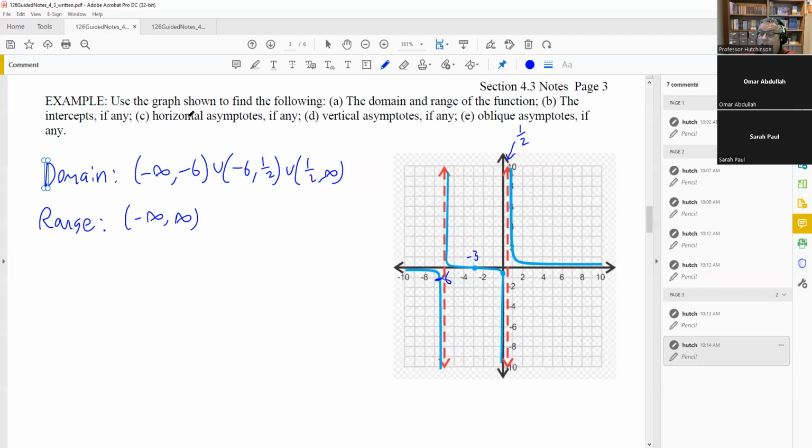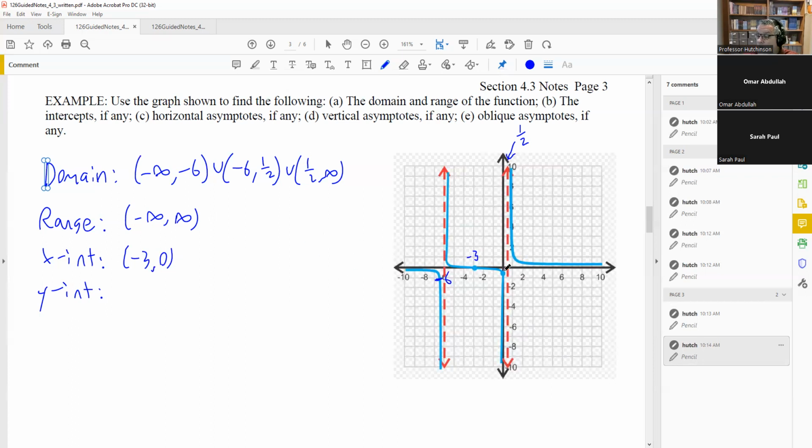Okay, next we want to find the intercepts, the x-intercept and the y-intercept. As I just mentioned, the graph crosses the x-axis at -3, so (-3, 0) would be the coordinate for the x-intercept.